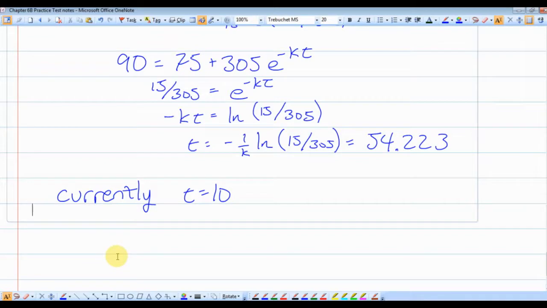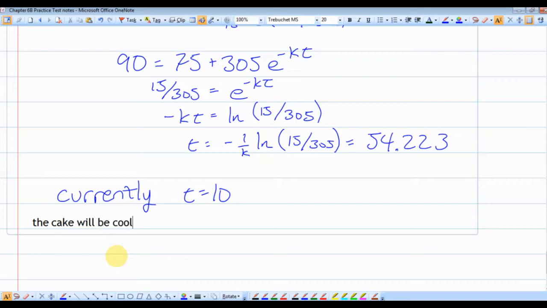Therefore, the cake will be cooled to 90 degrees after 44.223. Remember, we're already at t equals 10. They were saying, how much more time will it take?